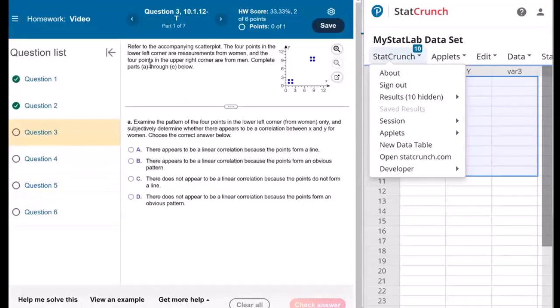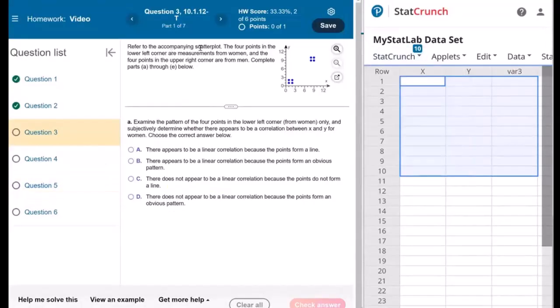Question 3. Refer to the accompanying scatter plot. The 4 points in the lower left corner are measurements from women, and the 4 points in the upper right-hand corner are from men. Complete parts A through E below. Examine the pattern of the 4 points in the lower left corner for women only.